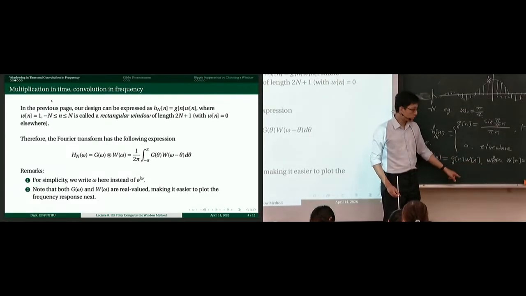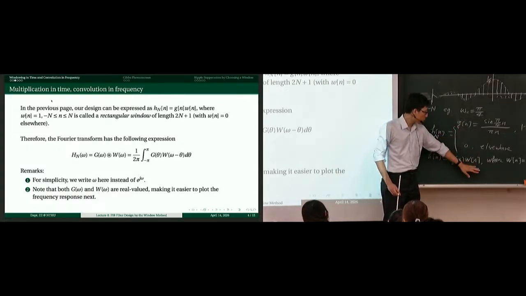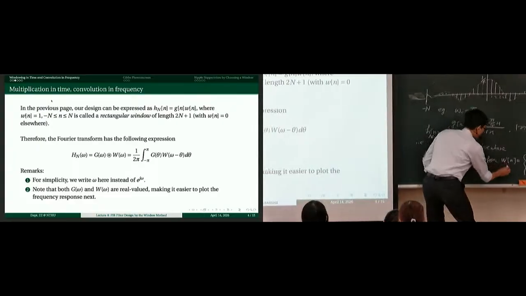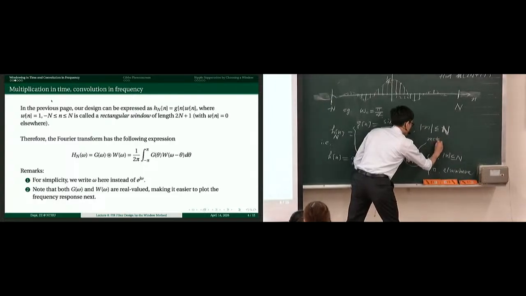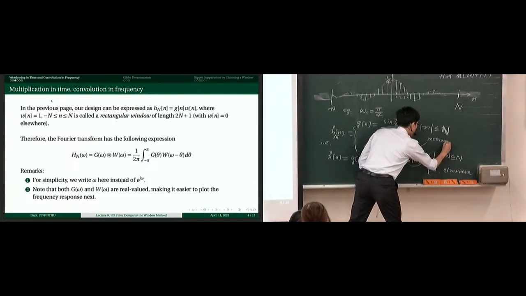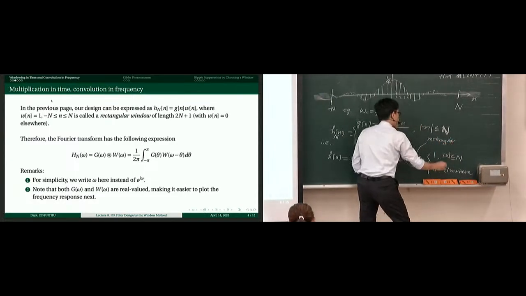G of n is still our desired response, but now we multiply it with what we call a window function. This is called a rectangular window.